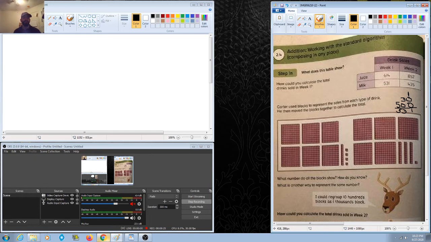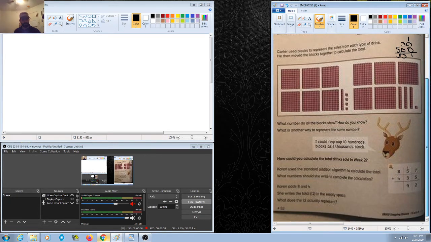What I want us to see here is that up to this point we haven't seen a visual model, and this visual model is fantastic to show how we represent each place value. Okay, so let's go ahead and continue.